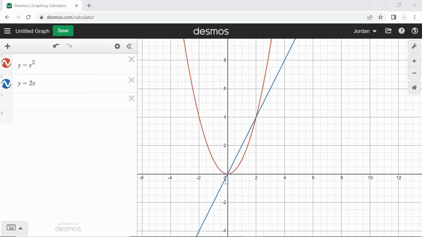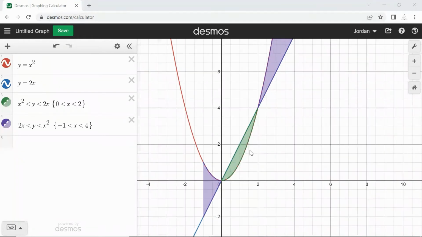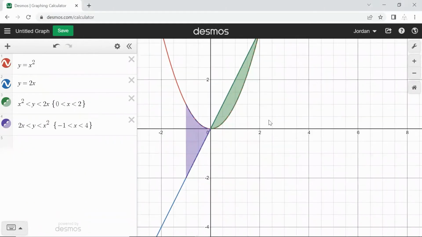So we're going to break this up into 3 distinct regions. Let me shade the actual area that I am calculating. I've gone ahead and done that. So there's 3 areas that we're looking at.